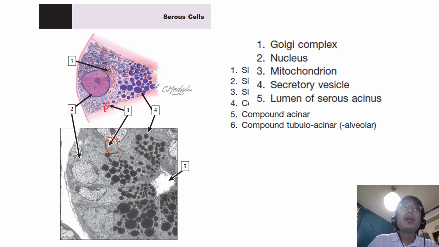And here, in number 5, is the lumen of a serous acinus. Serous cells contain condensing vacuoles that concentrate the secretory product and give rise to electron-dense vesicles, such as labeled in number 4.